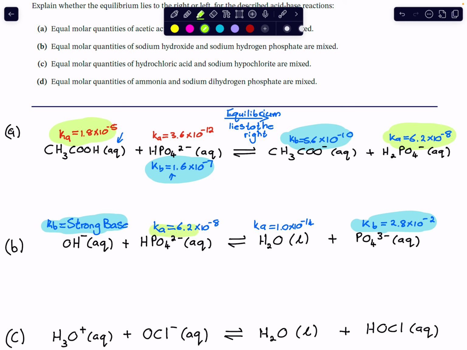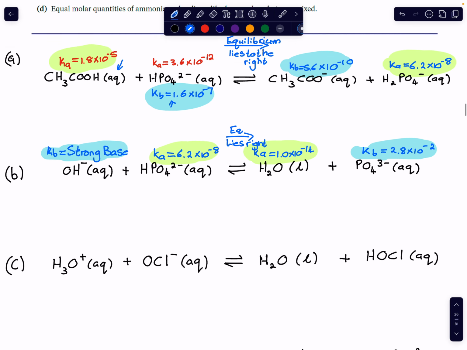In the same fashion, the Ka of the hydrogen phosphate is much stronger than that of the water. So in other words, our equilibrium here lies to the right, because the stronger species react to form the weaker species in this case.